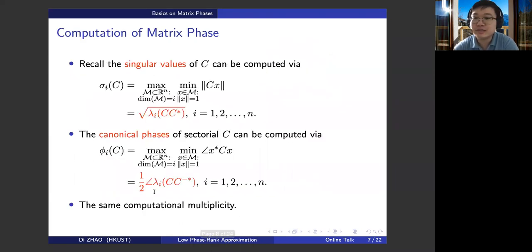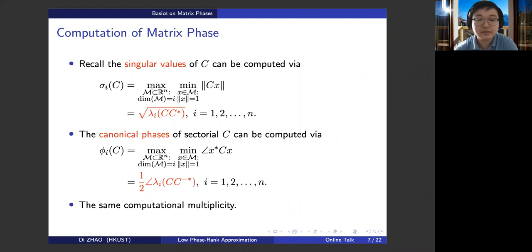Okay, let's do a little bit more comparison between the gain and the phase. Let's recall that the singular values of a matrix C can be computed in these two ways. There are definitely many other ways, but these two are the most frequently seen.